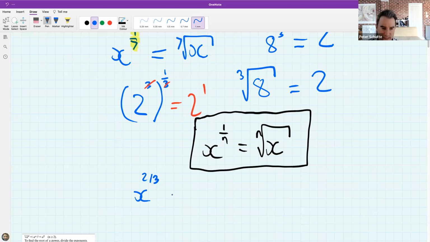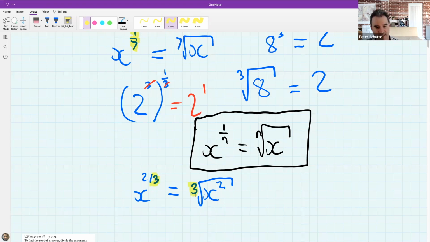Now, the way we write this in terms of root form or radical form is like that. And I want you to focus on the really important part. It's the denominator, which is the part that goes outside. So just like before, the n at the bottom here, and the n here is on the outside. The numerator stays inside, the denominator goes outside the root bracket.